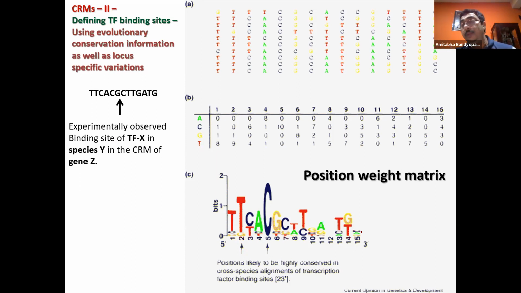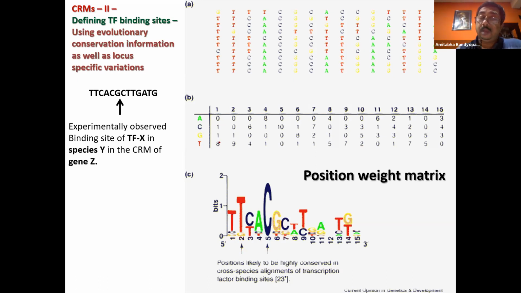And just like the way we have done it for Tata box, you get to see the frequency of bases from 5' end to 3' end where the transcription factor is binding, and you draw the letter where the size of the letter will be based on the frequency.